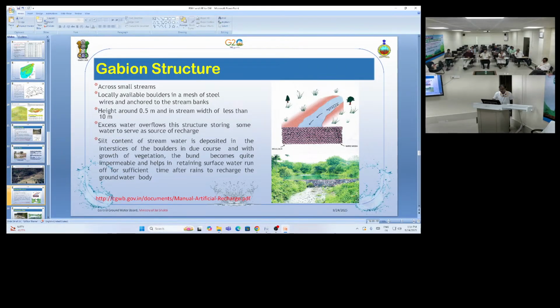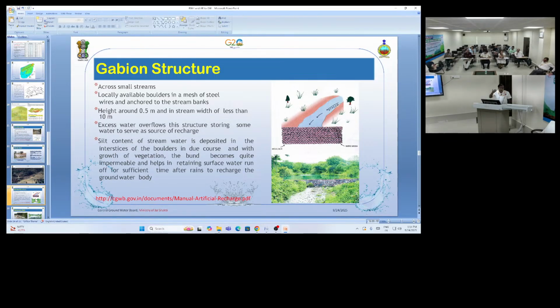Like the gabion structure across small streams, you can construct it with locally available boulders, mass and steel. Height around 0.5 meter, except overflows. This structure stores some water to serve as a source of recharge. Excess water we allow to flow. What is the requirement? That only we can store, not the huge whole quantity.